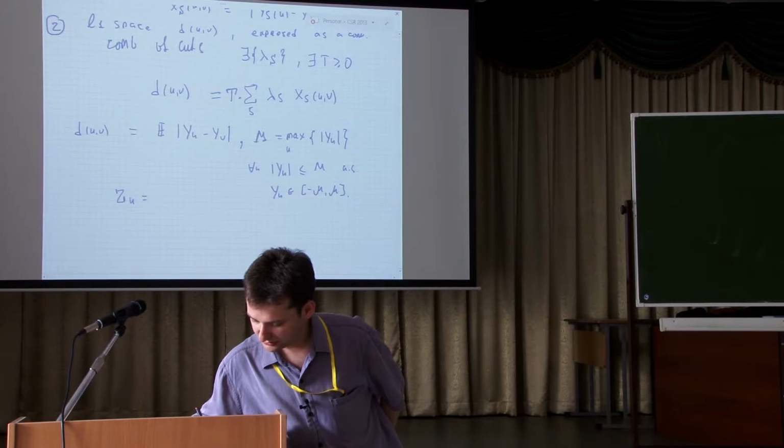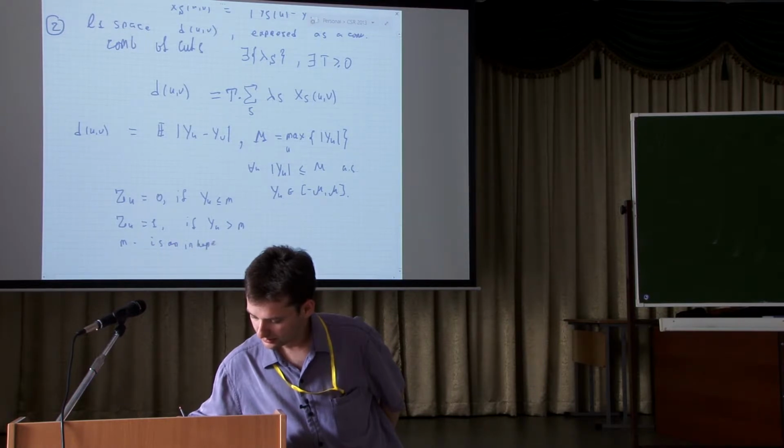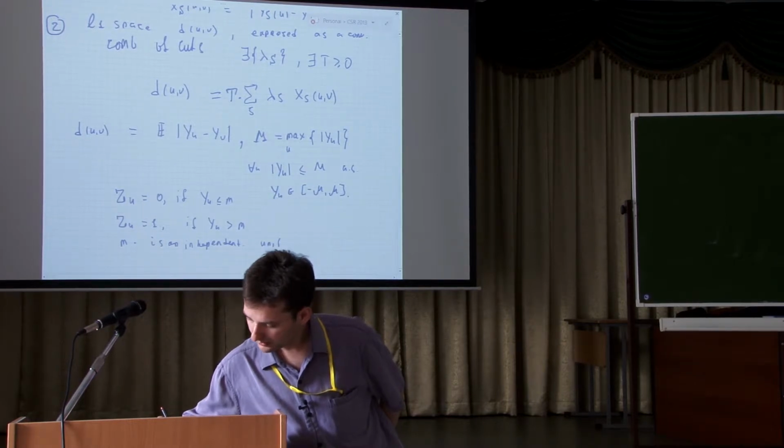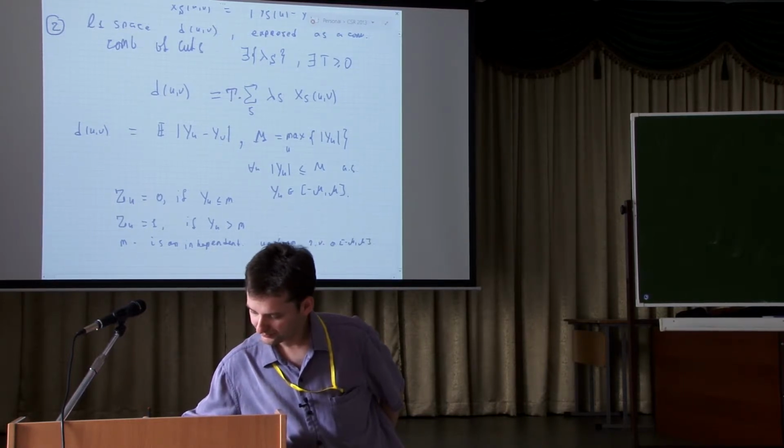Zu is equal to 0 if yu is less than m, and Zu is equal to 1 if yu is greater than m, where m is an independent uniformly distributed random variable in minus M to M. OK?